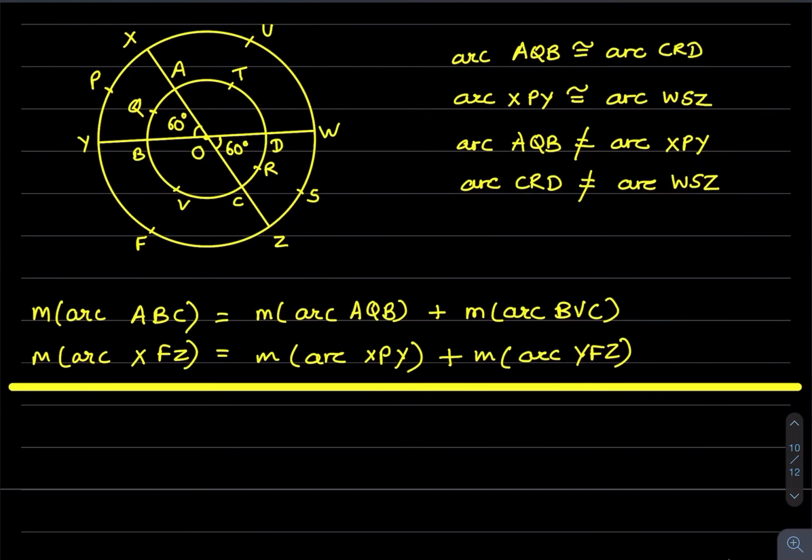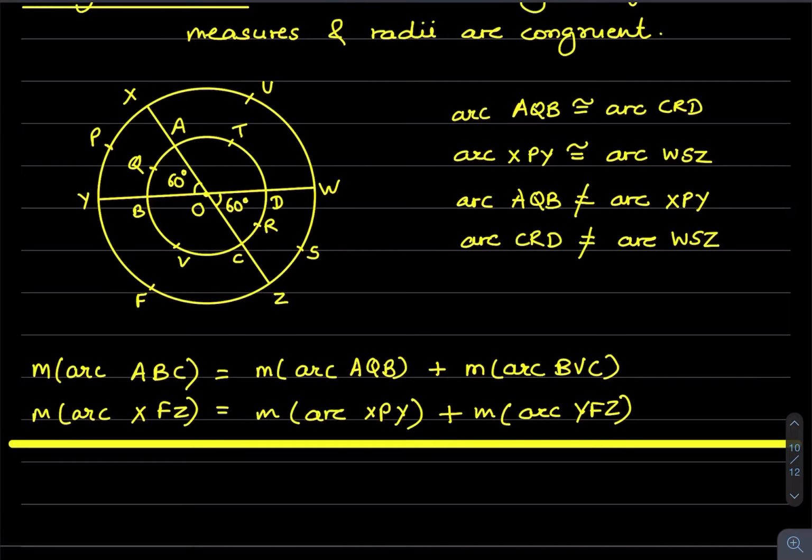Next, if you are asked to calculate major arc ABC, to calculate this arc, first you can add two arcs, arc AQB plus arc BVC.